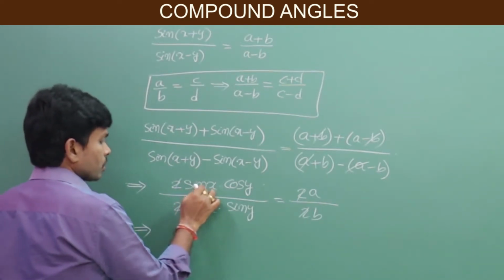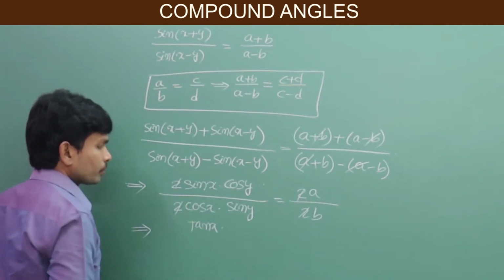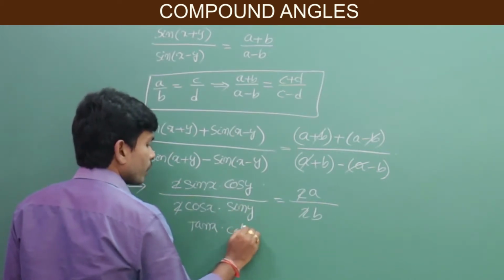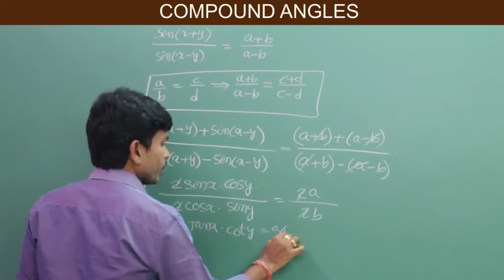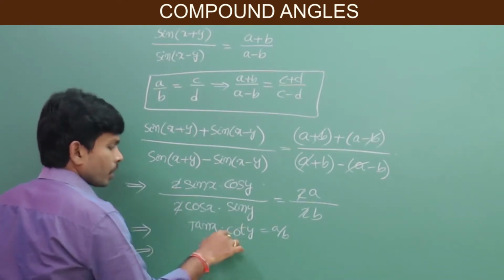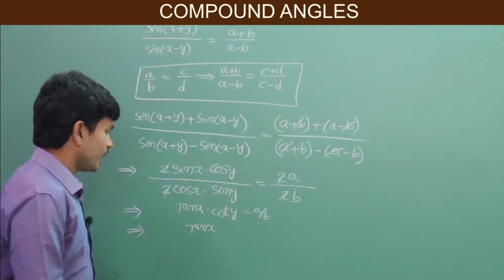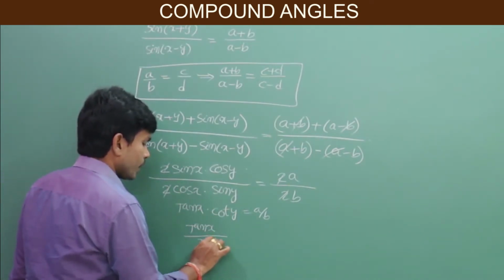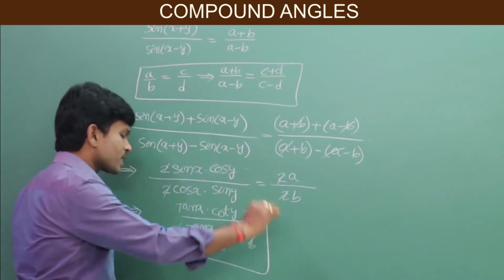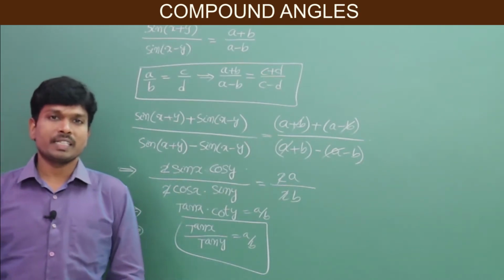Now observe, sin x by cos x is tan x, into cos y by sin y, cot y, is equal to a by b. So tan x cot y, and cot y is 1 by tan y. So tan x by tan y is equal to a by b. So what is the tan x by tan y value? a by b. So we can do it like this.